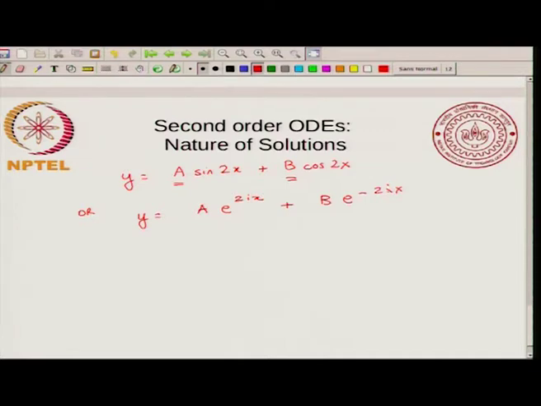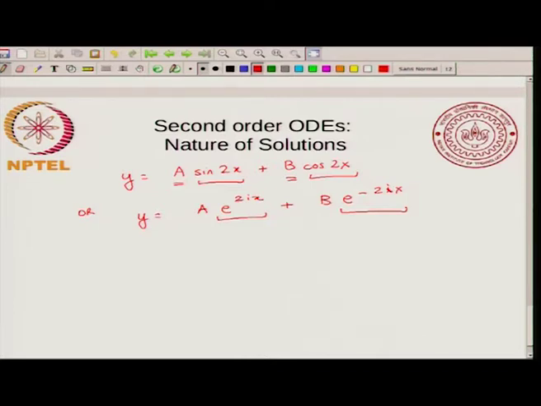Okay. So, you could also write it in this way, and in fact there are also other ways to write the solutions. Okay. So, now what we mentioned is that these two solutions sin 2x and cosine 2x have to be linearly independent. So, similarly e raised to 2ix and e raised to minus 2ix are also linearly independent.